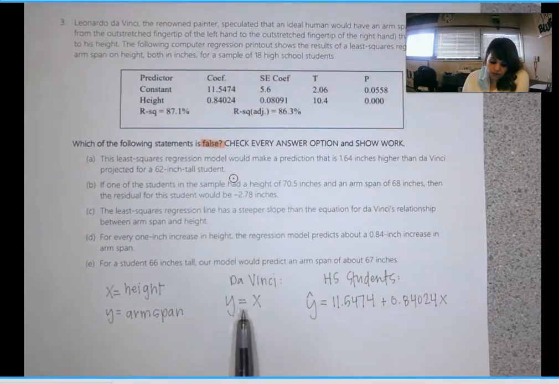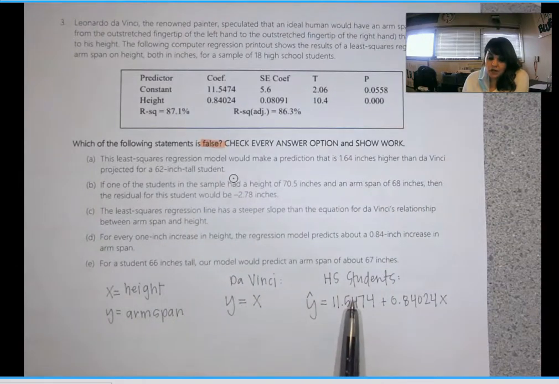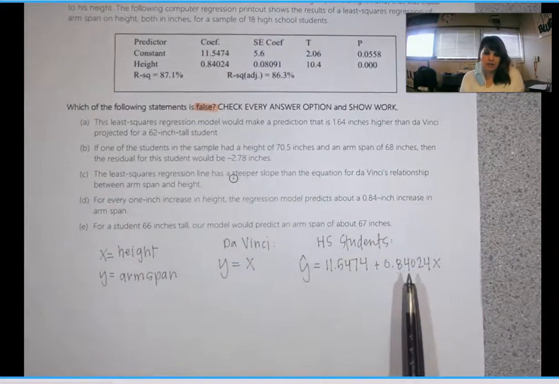So Da Vinci's claim, the equation that the actual data gives us. So Da Vinci, high school students. Now this is enough to get us started checking answers.